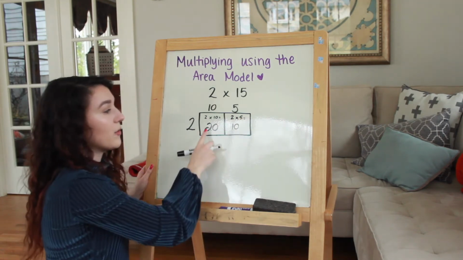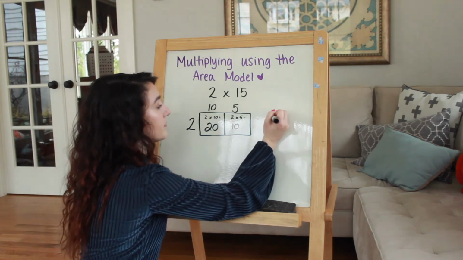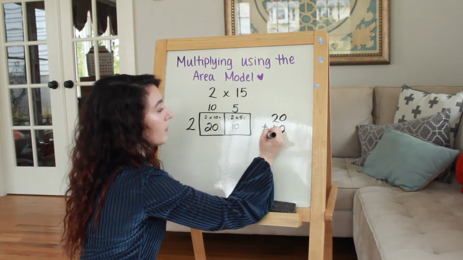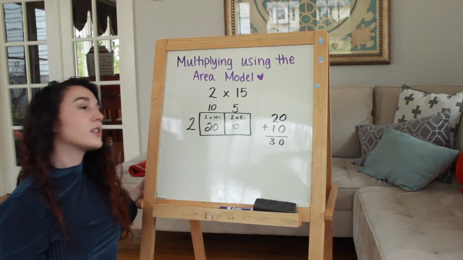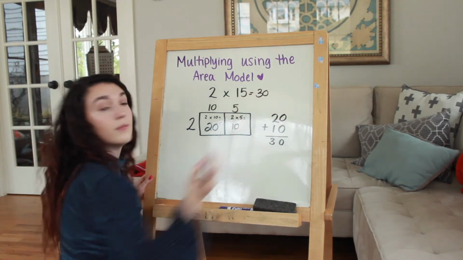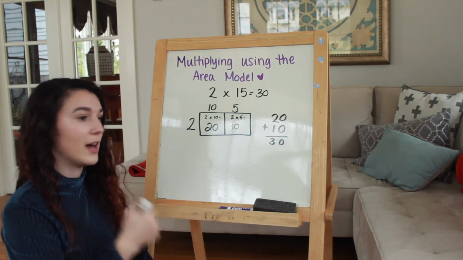Once I have filled out the inside of my area model, I'm going to add those numbers together. So I know the answer to 2 times 15 is 30. Let's try it again to see if you're picking up on the pattern.